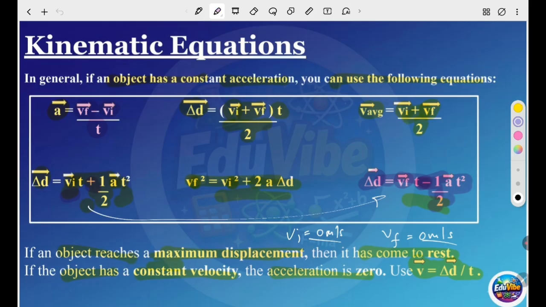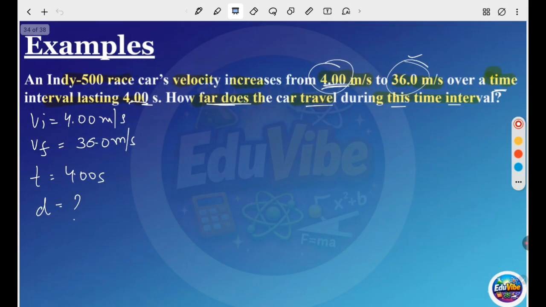You have the initial velocity, the final velocity, and the time, and you have to find the distance, so you can use this second equation to calculate the distance. Here you write that equation first, which is again on your data sheet.